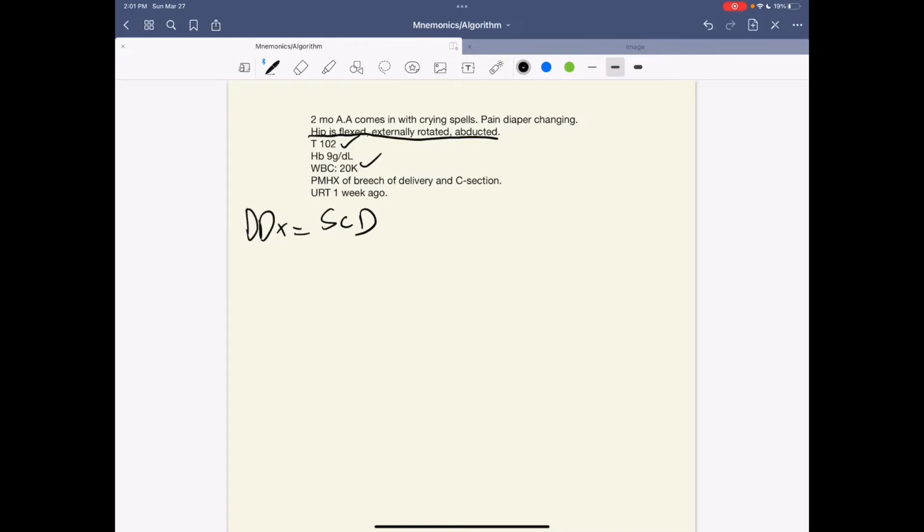Another thing is hip pain, temperature, leukocytosis. You want to think about septic arthritis. And another thing you want to think about here that's very similar to septic arthritis, kind of like the cousin, but everyone gets confused, is transient synovitis.